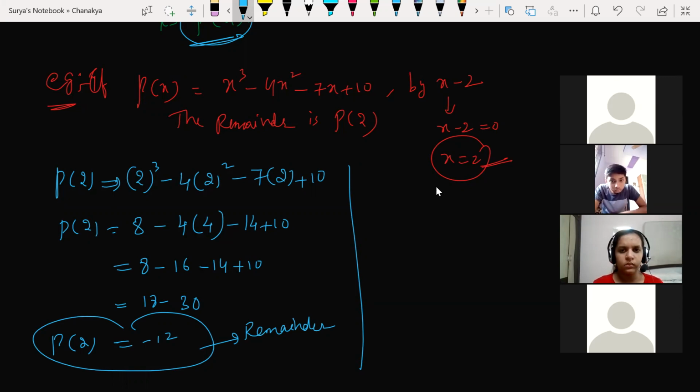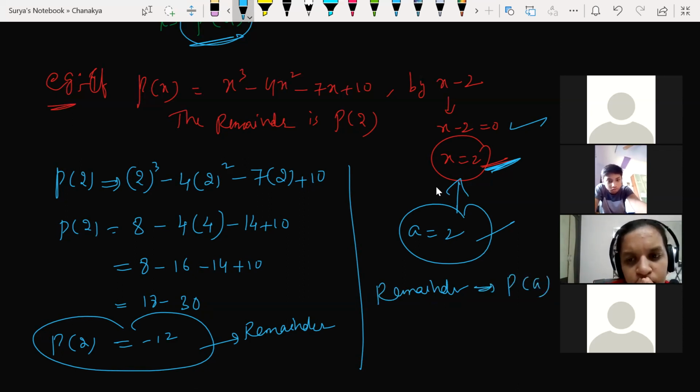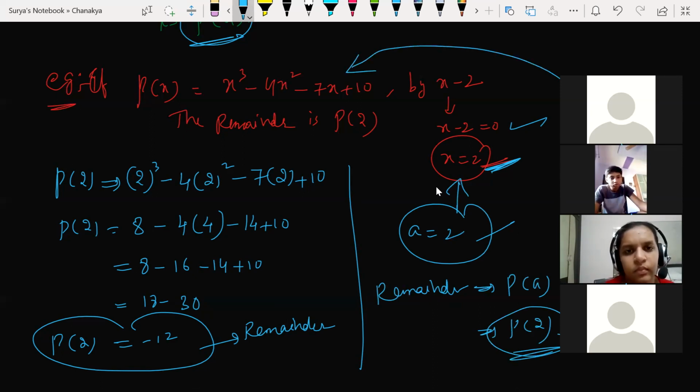If I equate the binomial with 0, whatever I get for x is a, which is 2 here. As per the theorem, P of a is my remainder, so P of 2. In the given expression, I must substitute 2, and then I'll get the remainder.